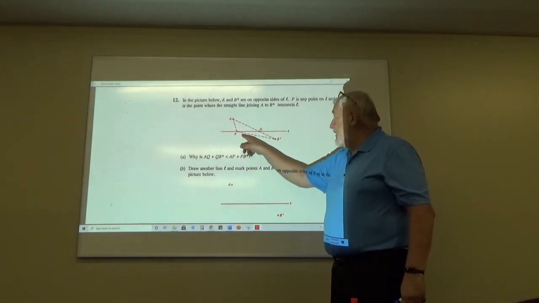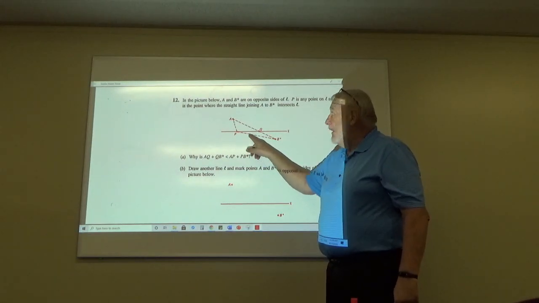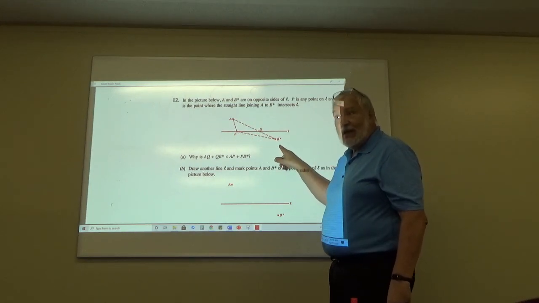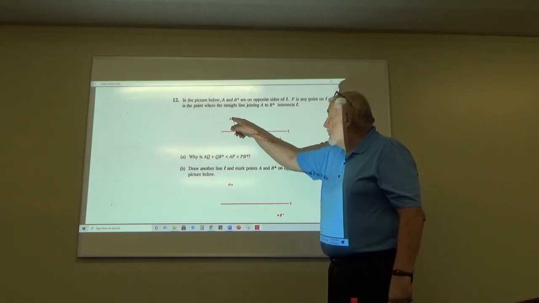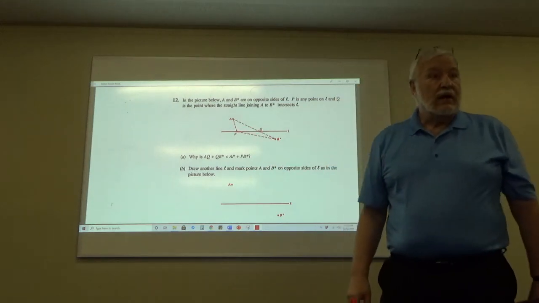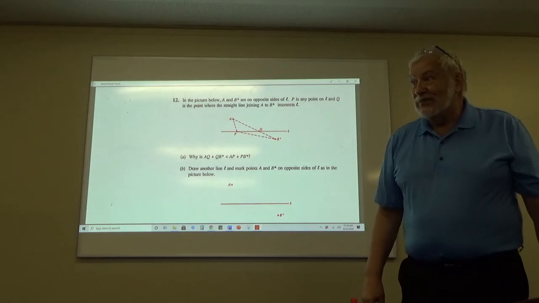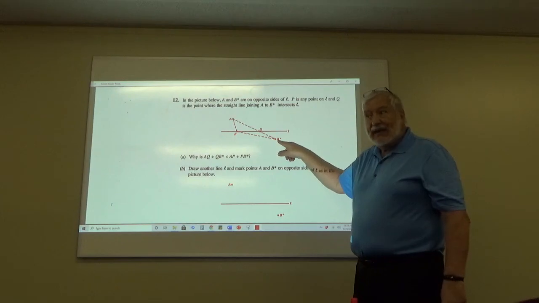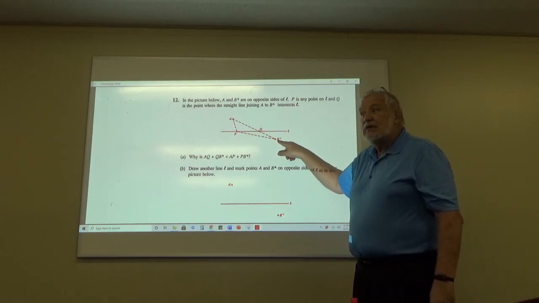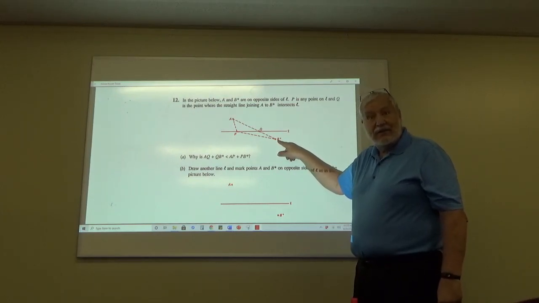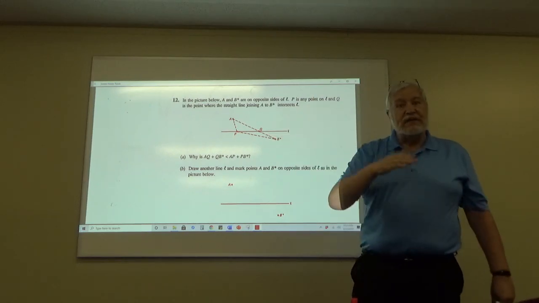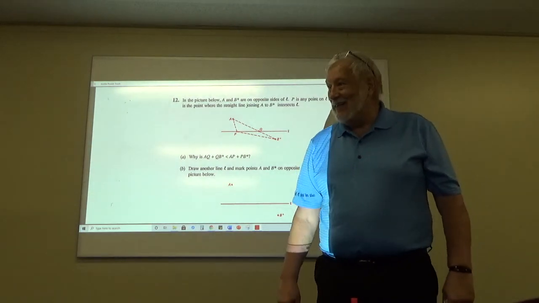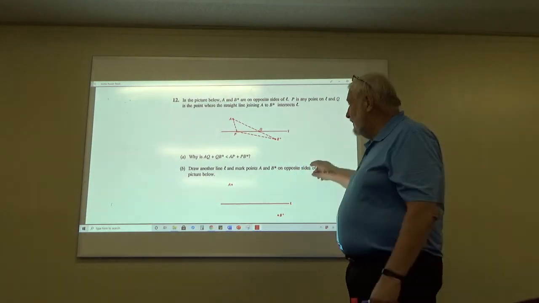Because these are two sides of a triangle. Going from here to here, over to here, if it's a triangle, these two have to be greater than going straight. Otherwise, you wouldn't have a triangle. So unless you go from A straight to B prime, you are taking longer steps, because the shortest distance between two points is a straight line.